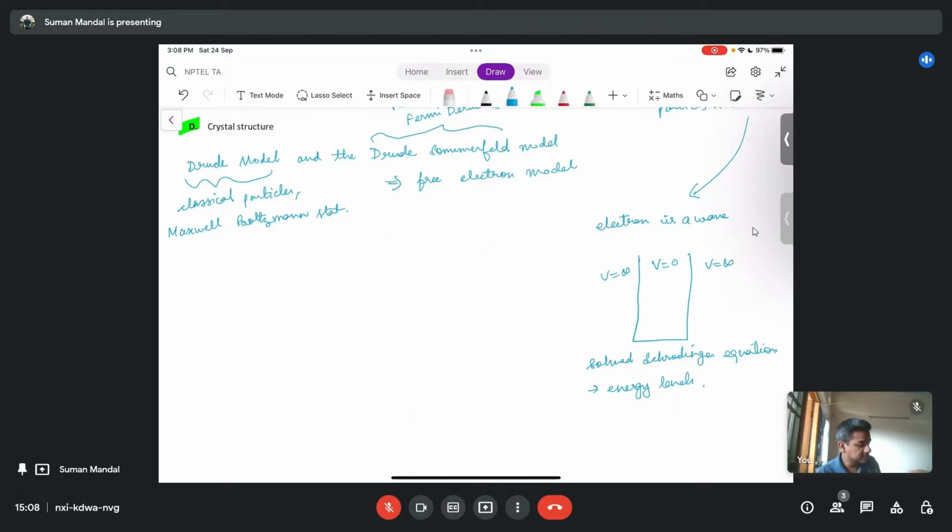Now in all of this, for the actual crystal, we'll have several of these ionic cores, right? There'll be a potential like this. There's an ion. These are ion locations.